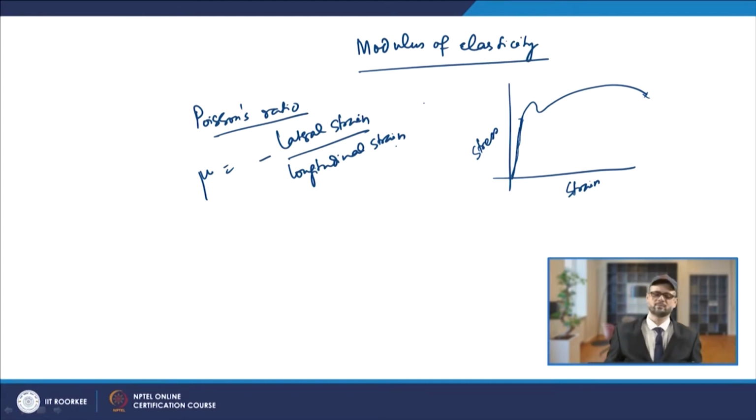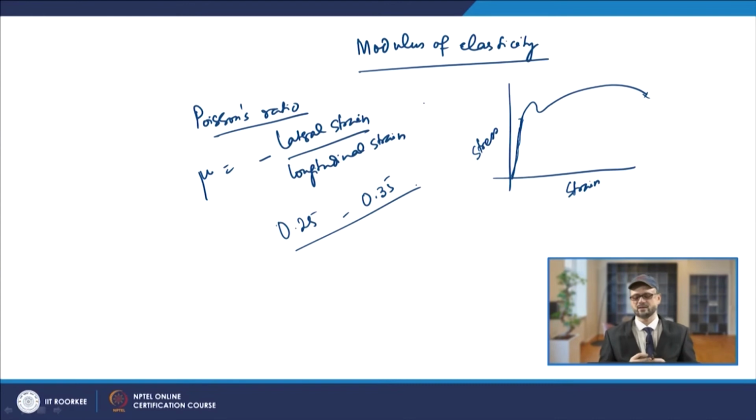The negative sign tells that the lateral strain has the opposite sign to the longitudinal strain, because mu has to be positive. Mostly the Poisson's ratio varies between 0.25 to 0.35, but for rubber it approaches close to 0.45. So, that can be correlated with the elastic properties of the material.